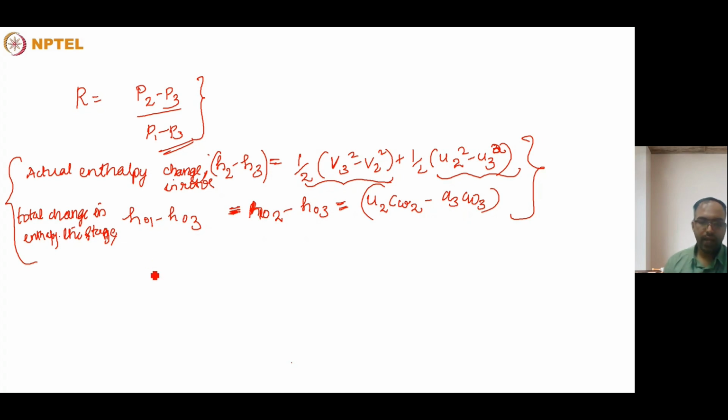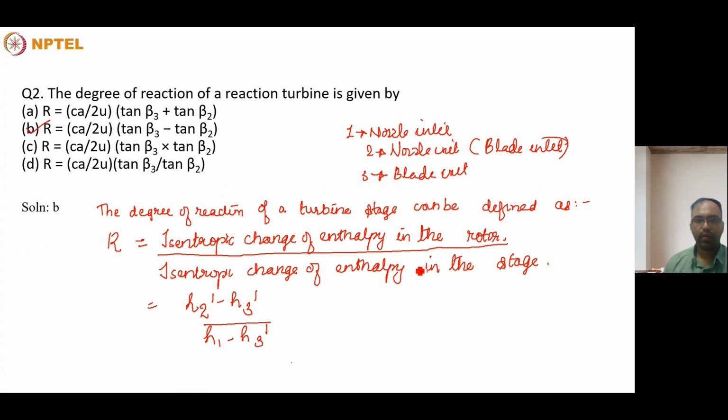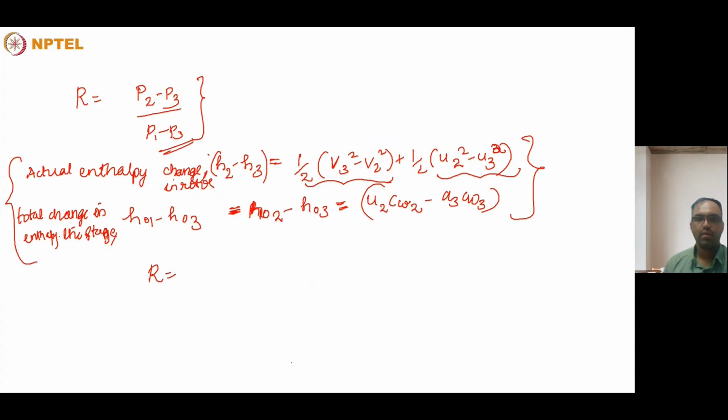So the degree of reaction R can be written as H2 minus H3 divided by H01 minus H03.